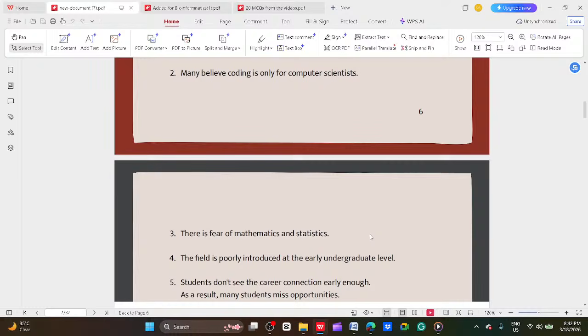Let me just tell you that there are only a few institutions that still offer this course called bioinformatics. So you are very lucky if you are a student of bioinformatics today, because it is a very rare privilege. Not too many people know about it. Not many professors, not many PhD holders, not many undergraduates, not many postgraduates.